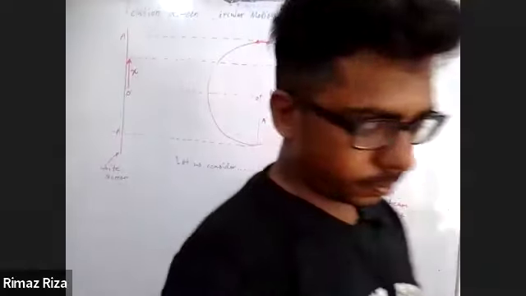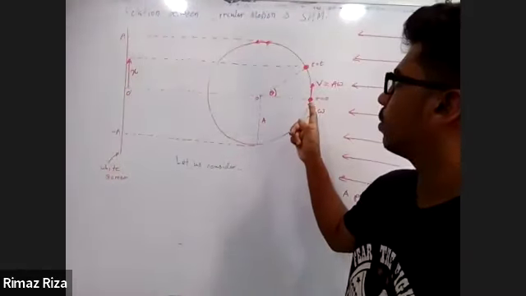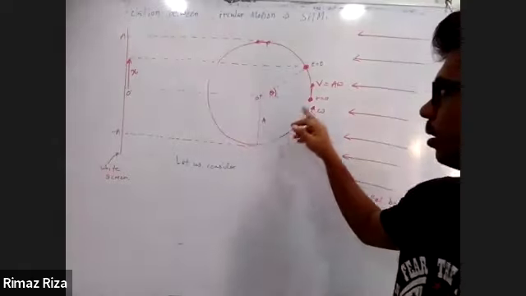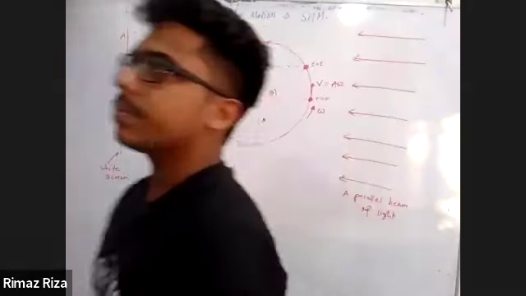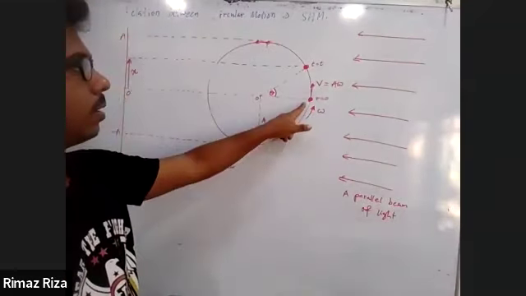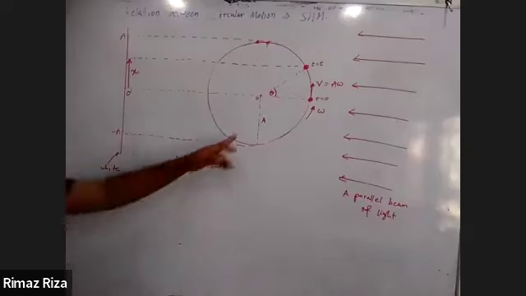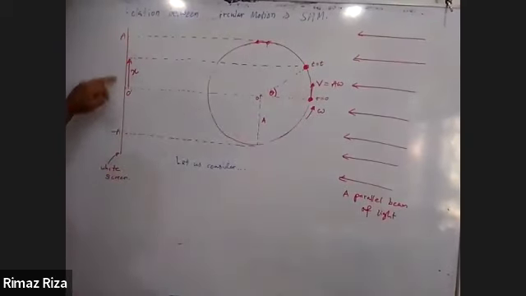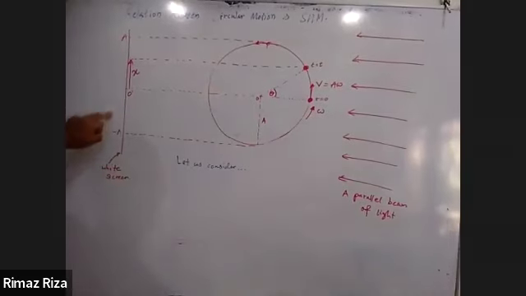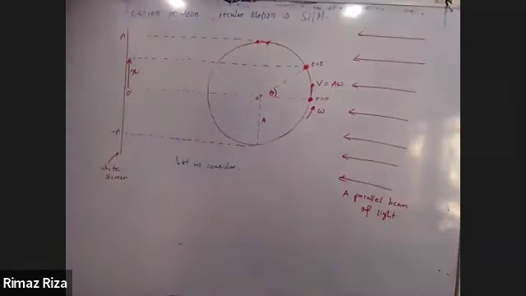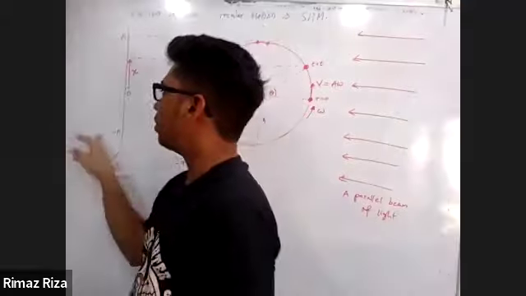Let's write down: when the particle in circular motion makes one cycle, then its shadow also makes one cycle on the screen.